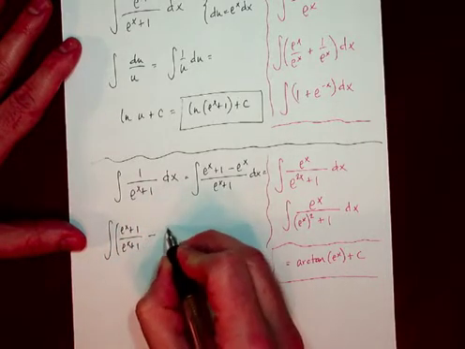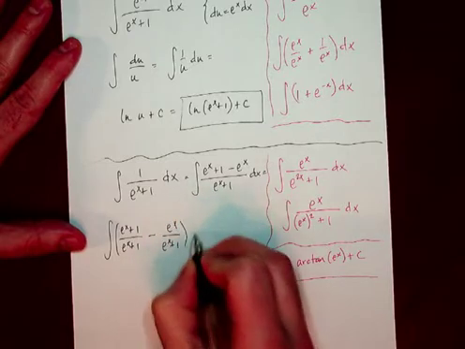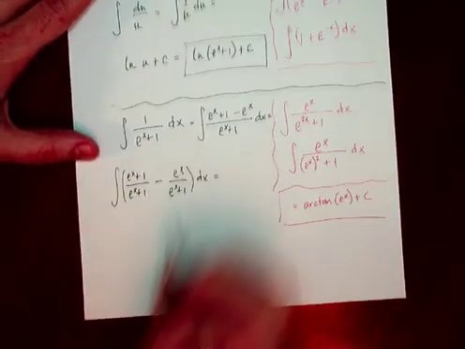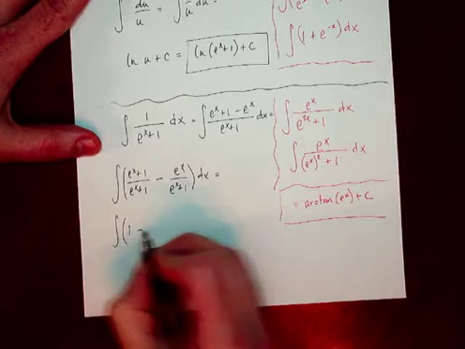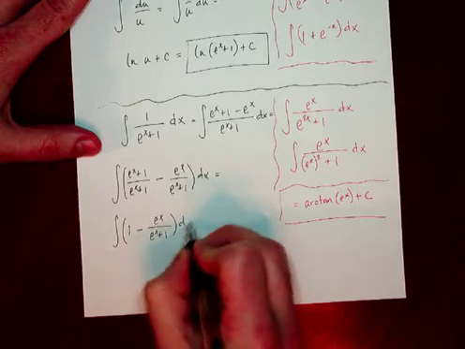Minus e^x over e^x + 1 dx. And this, of course, simplifies to 1, and I'm going to get 1 minus e^x over e^x + 1 dx.